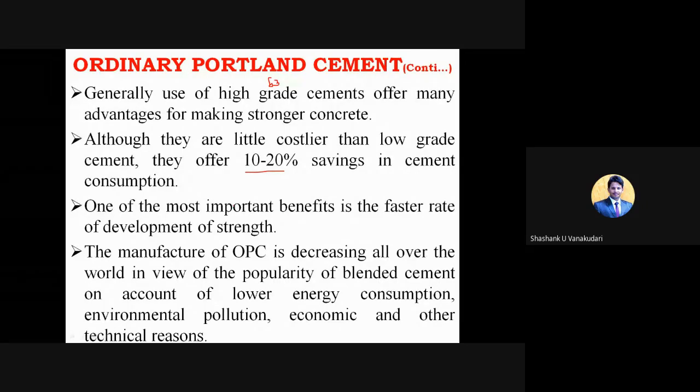So here the manufacturing of OPC is decreasing all over the world, and that is because of various reasons. Here we use the wet process as the basic manufacturing procedure.